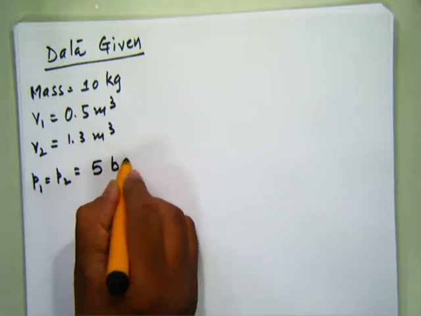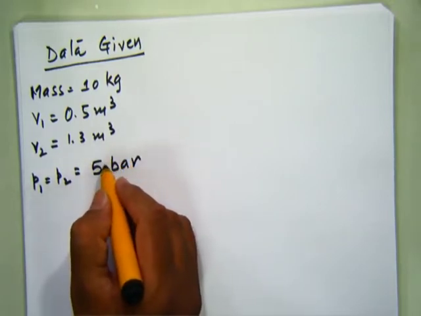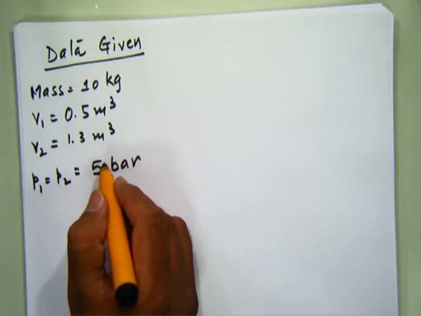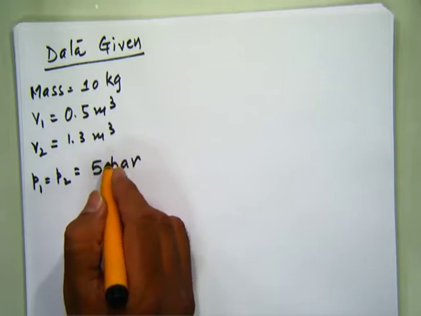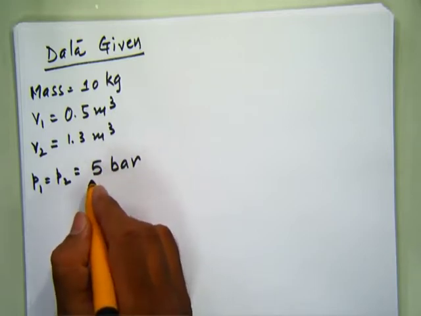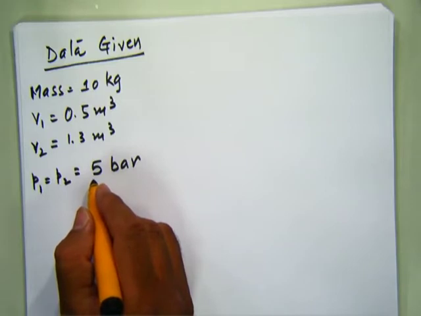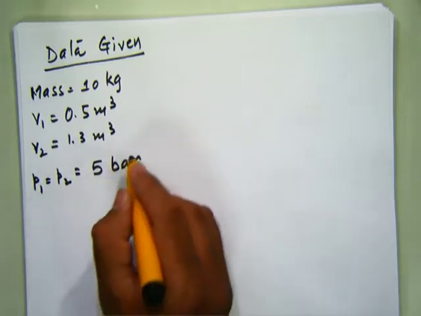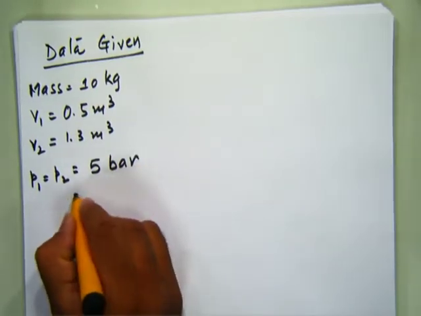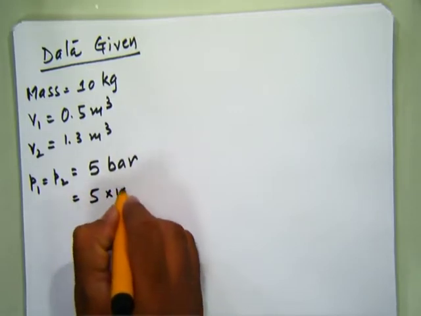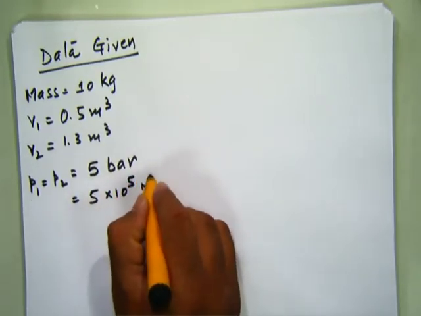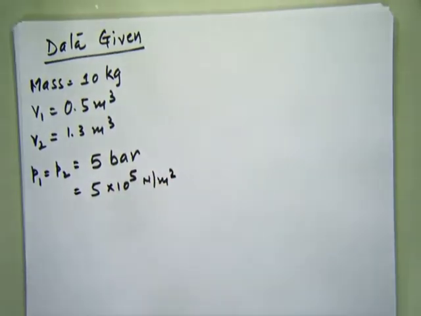The process is carried out at 5 bar pressure. If you want to convert, that is 5 into 10 raised to 5 Newton per meter square.